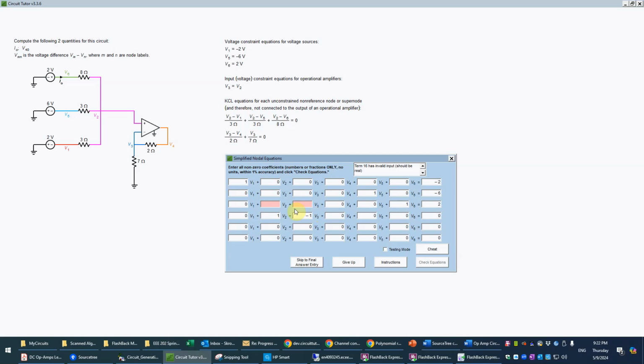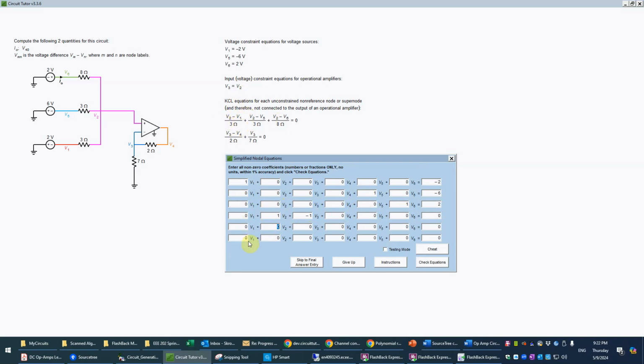So I meant to put that down here. We'll put zeros back up there where they belong. This is the equation V3 equals V2, and this was V6 equals 2, so that's still there. Good.